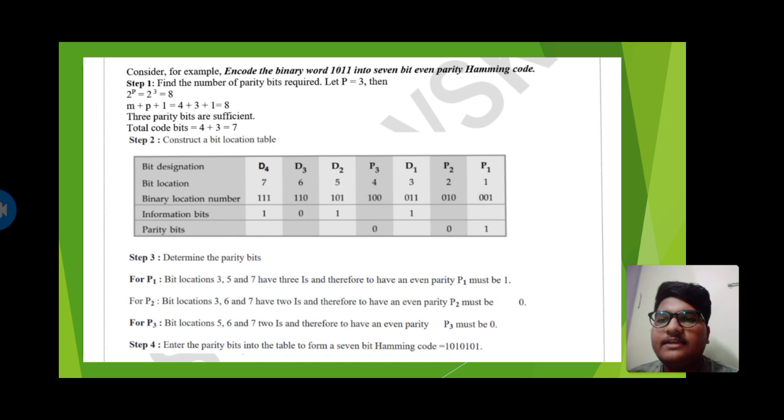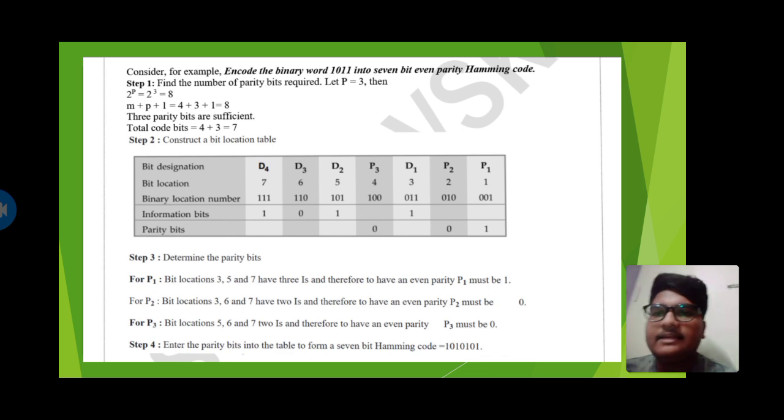Here at 5, 6 and 7 we have 2 ones, so the corresponding parity bit P3 must be 0 to keep 4, 5, 6, 7 as even parity. So enter the parity bits into the table to form the 7-bit Hamming code: 1010101 is the corresponding 7-bit code obtained for 1011.